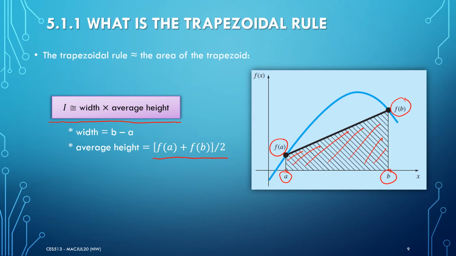All the Newton-Cotes closed formulas can be expressed in this general format of the equation shown in the purple box. In fact, they only differ with respect to the formulation of the average height.